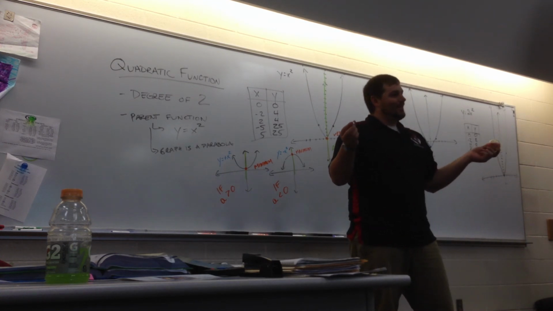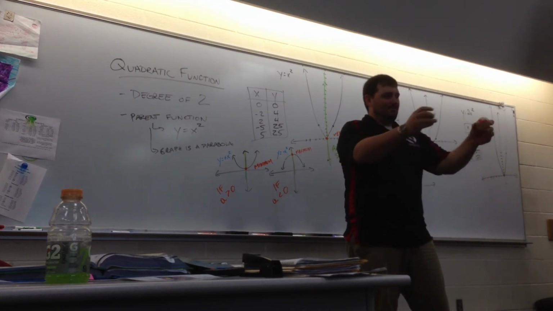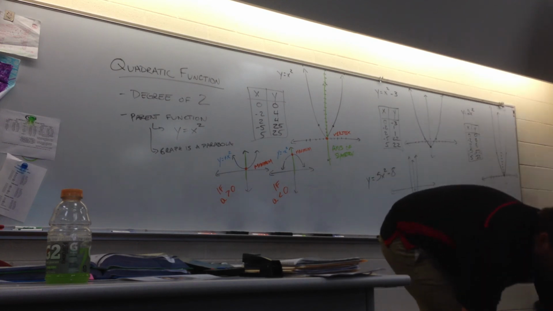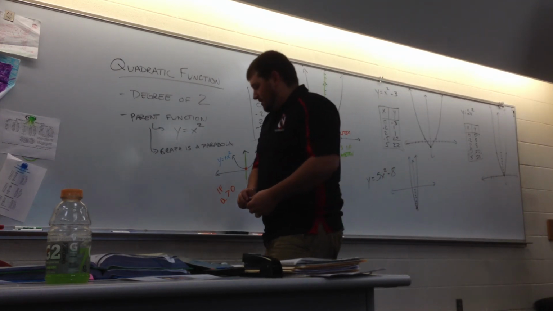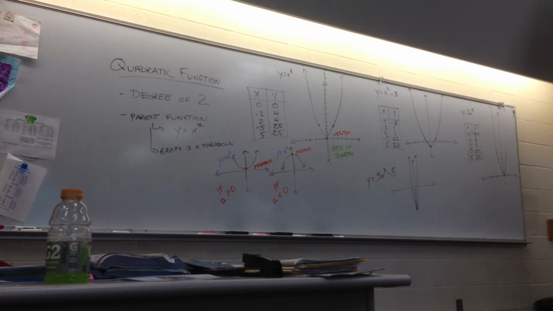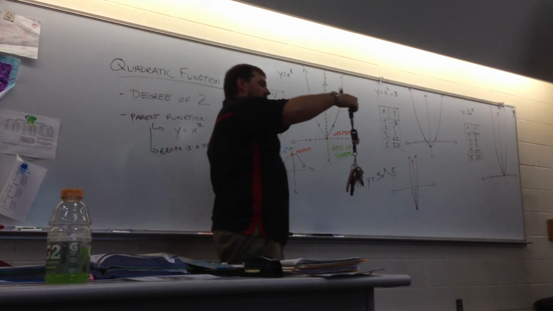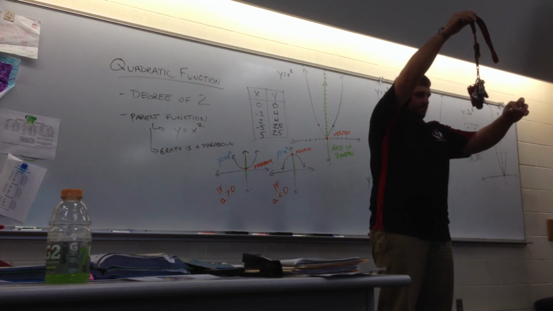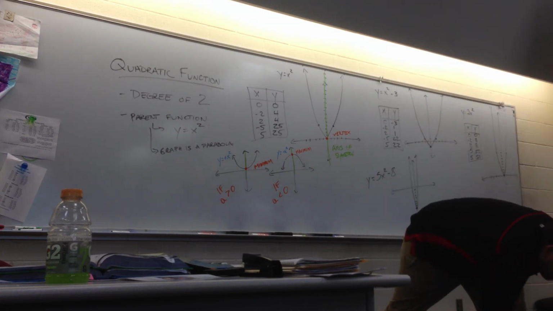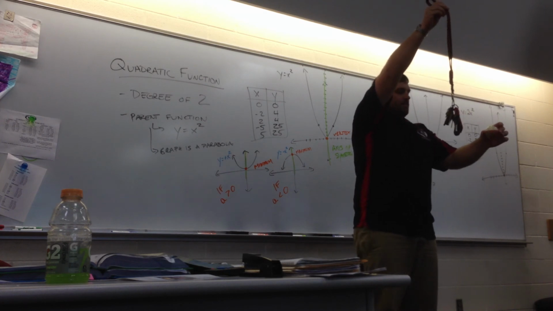Do you think these are going to land at the same time? Exactly the same time. Now we were doing this with all kinds of stuff yesterday. I had my keys, dropping keys. As long as they have the same starting height, they end up landing at the same time.